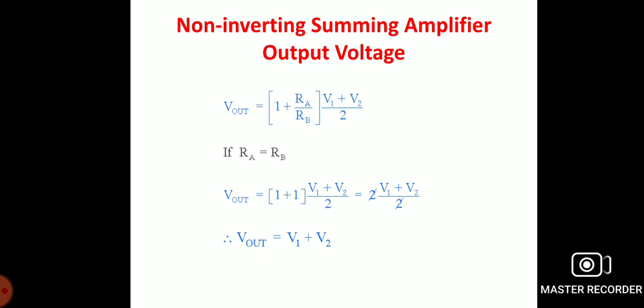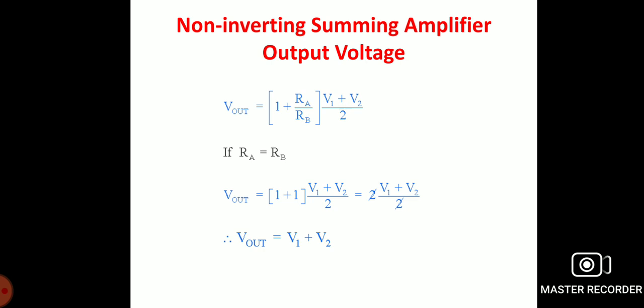Thus the output Vout is equal to 1 plus RA divided by RB times the total non-inverting voltage, which is (V1 plus V2) divided by 2. So the non-inverting summing amplifier output voltage Vout is equal to 1 plus RA divided by RB times the total voltage divided by 2.